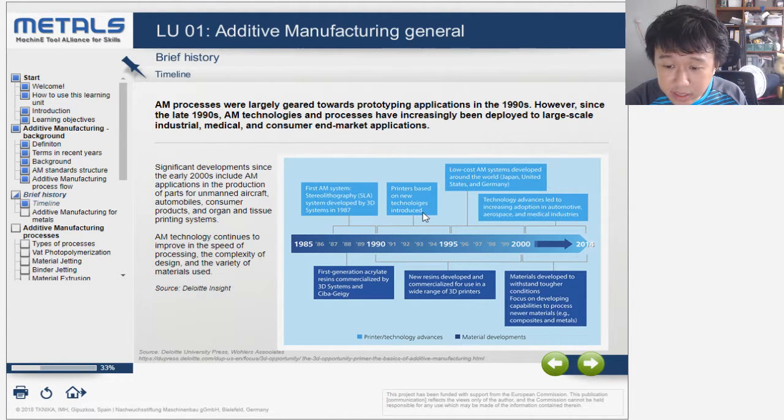Printers based on new technologies were introduced, new resins developed for commercial use, low-cost AM systems developed around the world. Technologies advanced to increase adoption, materials developed to withstand tougher conditions, and focus on developing capabilities to process new materials such as composites and metals.